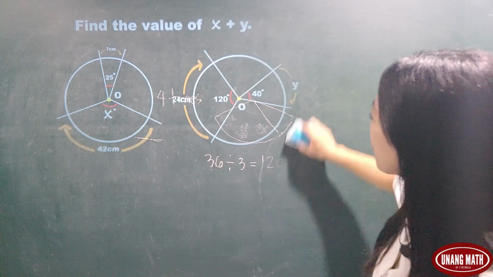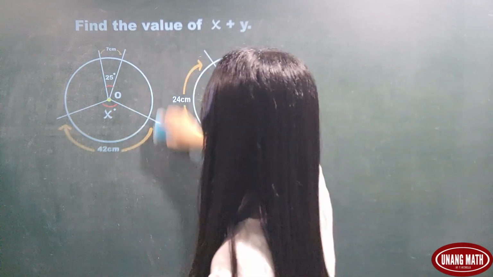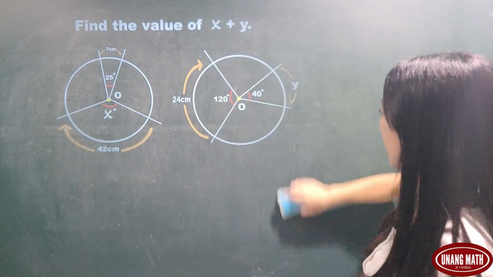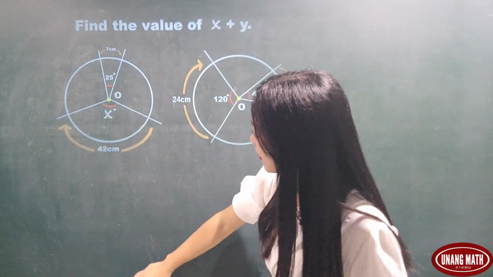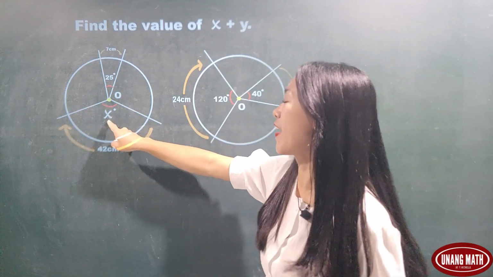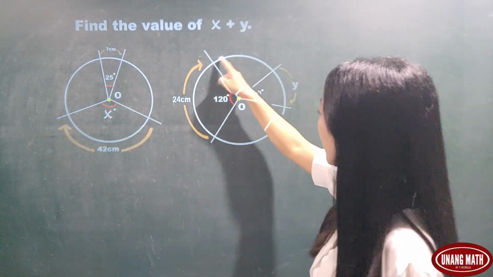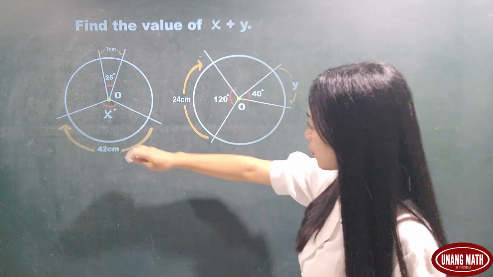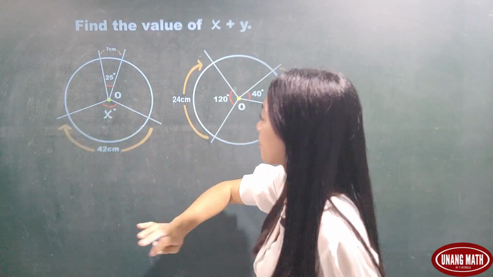Okay, now let's answer this simple activity. We will find the value of x plus y. In these two figures, we have to find the value of x in this circle and the value of y in this circle. Let's start with this circle.